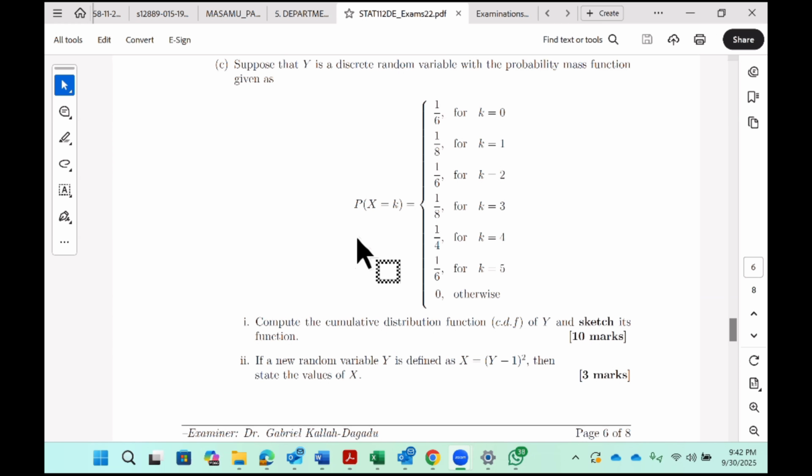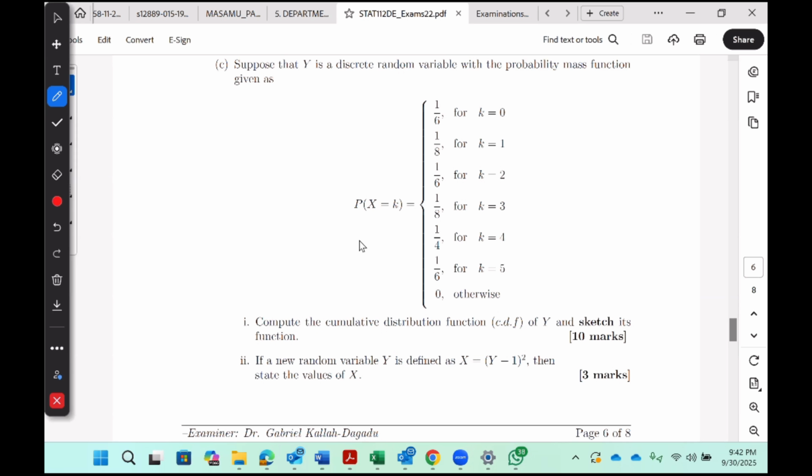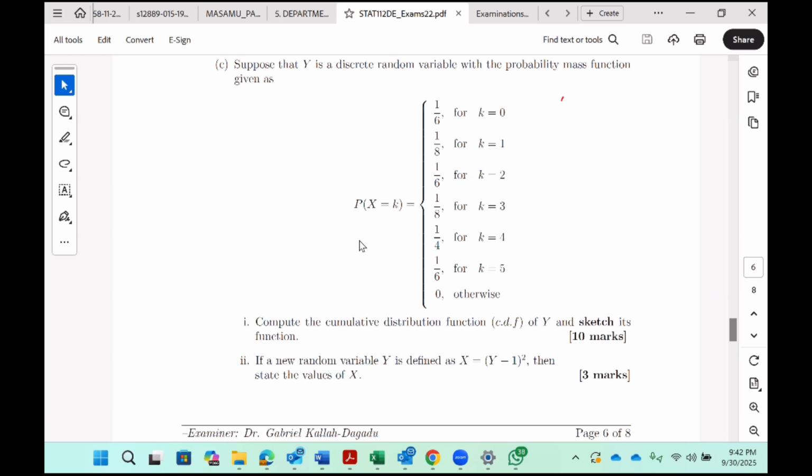We'll start: for k less than 0, it will be 0. It will be 1 over 6 for k greater or equal to 0 but less than 1.